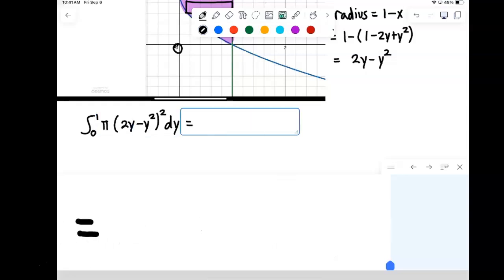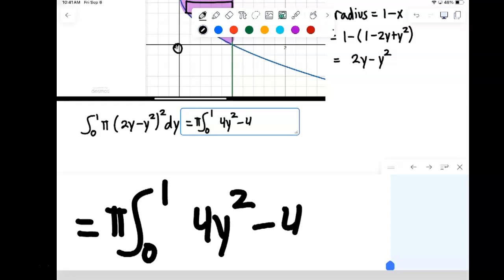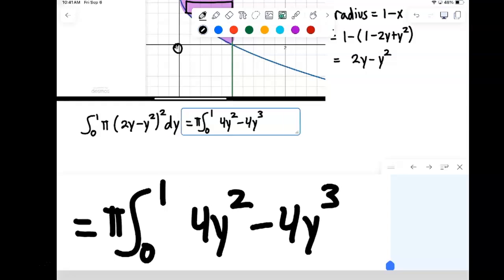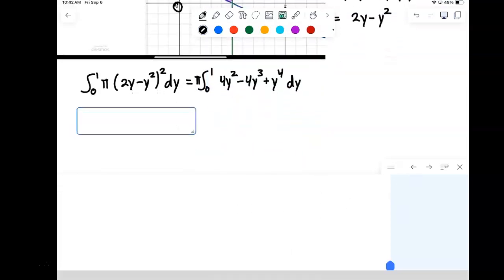Okay, and then we keep going. Integral 0 to 1, roll the pi out front. Inside here, squaring that would be 4y squared. And in the middle, we're going to have minus 4y cubed plus y to the 4th dy. And then we work this out.